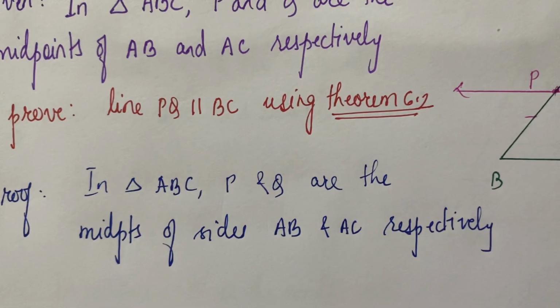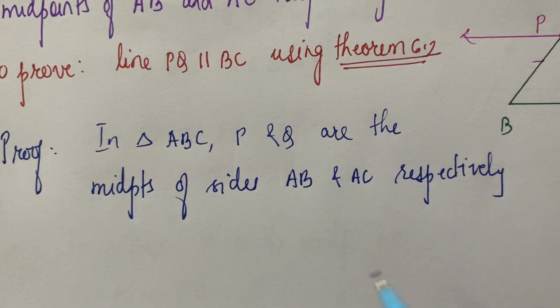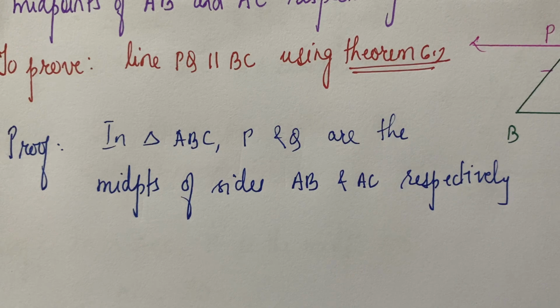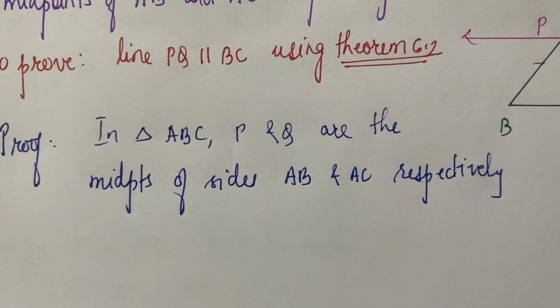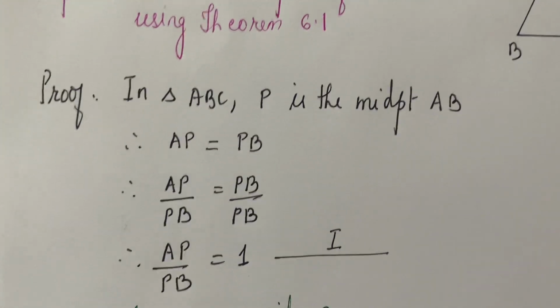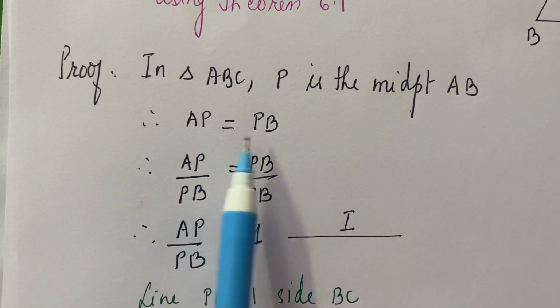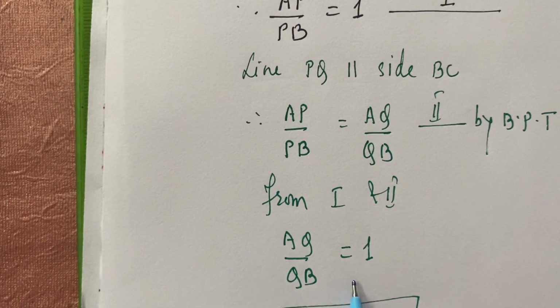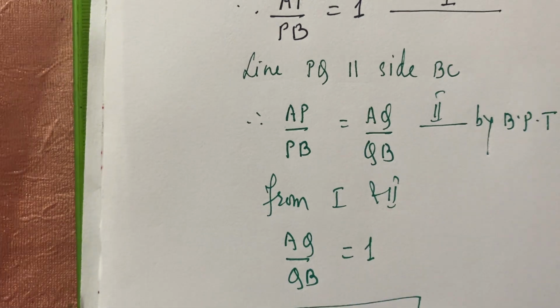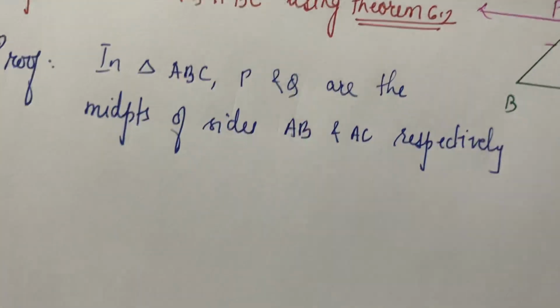Now if they are the midpoints, then the ratio of the corresponding parts will be 1. See, I have shown you here. If AP is equal to PB, then what will be AP upon PB? It will be equal to 1. Similarly, AQ upon QC will also be equal to 1 if P and Q are the midpoints. Are you getting that?